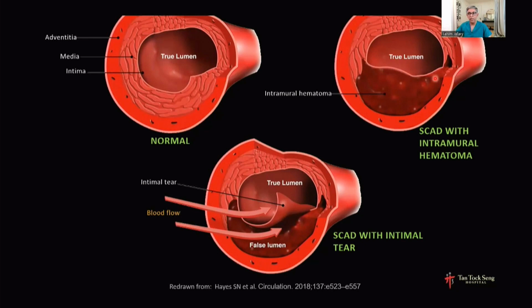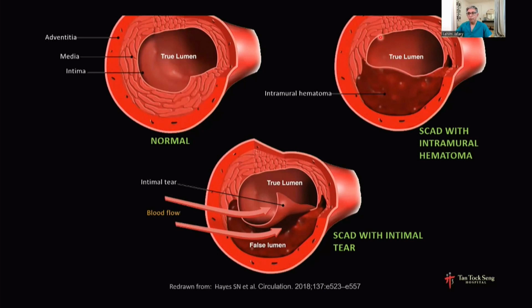It is largely believed that it begins with an explosion in the vessel wall leading to a hematoma, and this hematoma then eventually tears through the intima. And as you can imagine, this will compress the lumen, and the intimal tear in some ways acts like a decompressing force, sort of like when you drain an abscess.